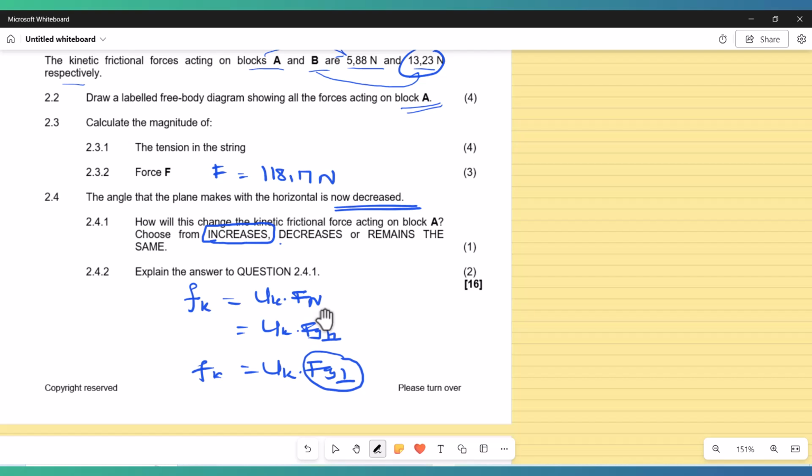So we say it increases. Why? Because decreasing the angle increases FG perpendicular, and that when multiplied by the coefficient gives us a larger frictional force. Okay, next question.